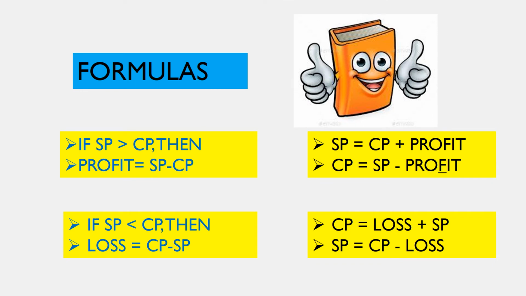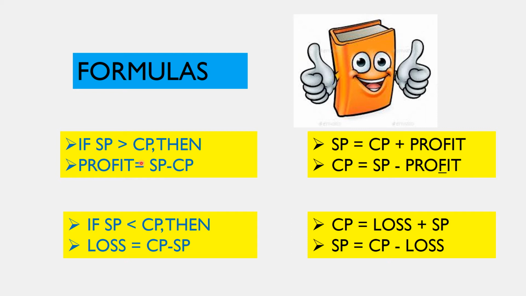Now let us understand the formulas. Here you can see the formulas. If SP, that is selling price, is greater than cost price, then there is profit. So profit is SP minus CP. Now from this formula you can derive two more formulas. How?